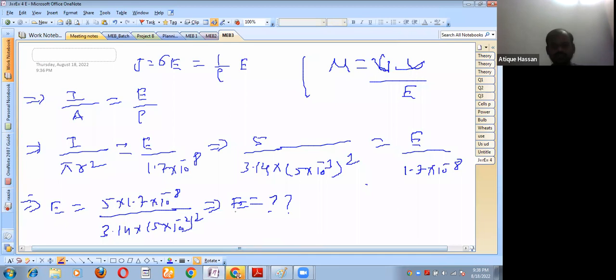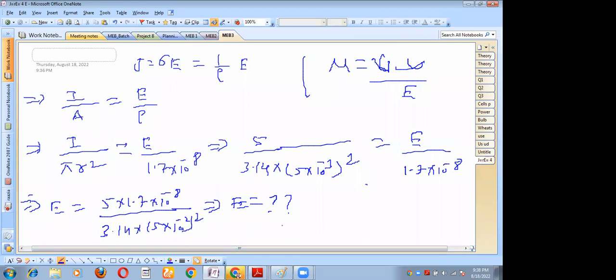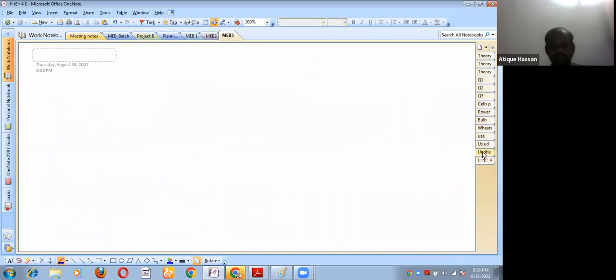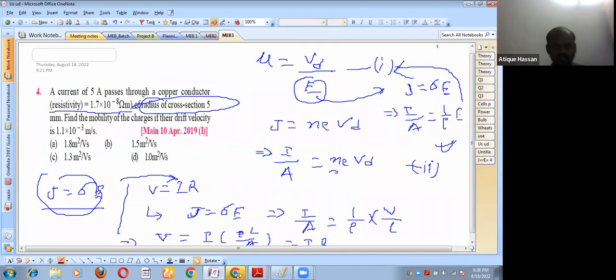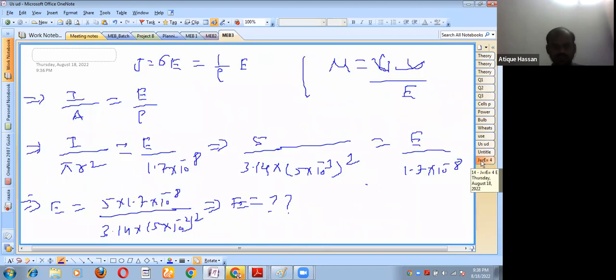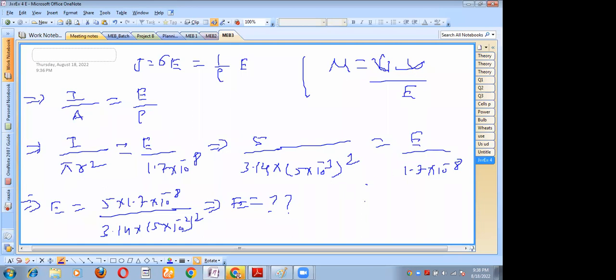We'll get the answer, so it's 1 into 10 power minus 3. You're getting 1 into 10 to the minus 3. There is no option. Oh, you are telling about drift velocity, right? No, I'm telling for electric field. I think I made a mistake.